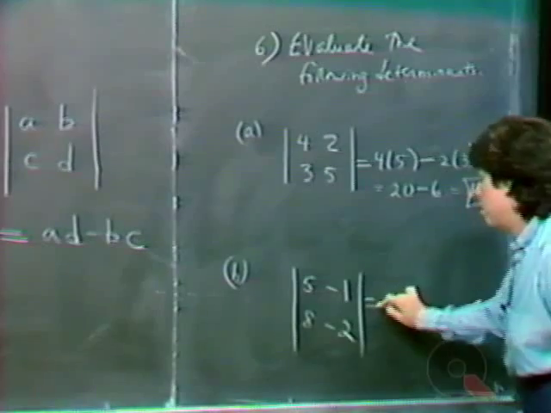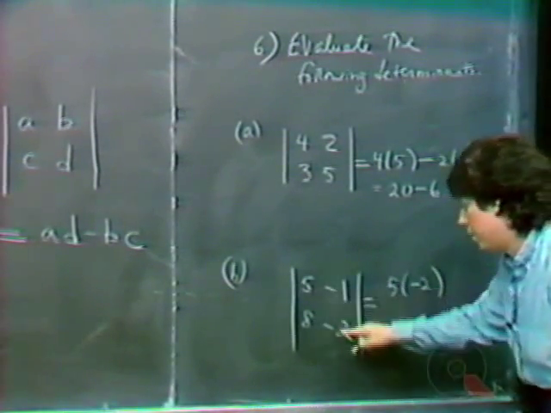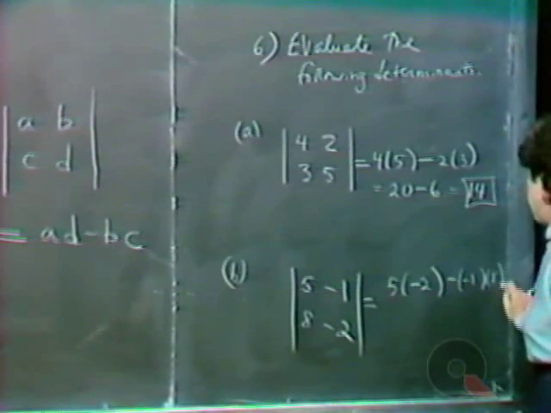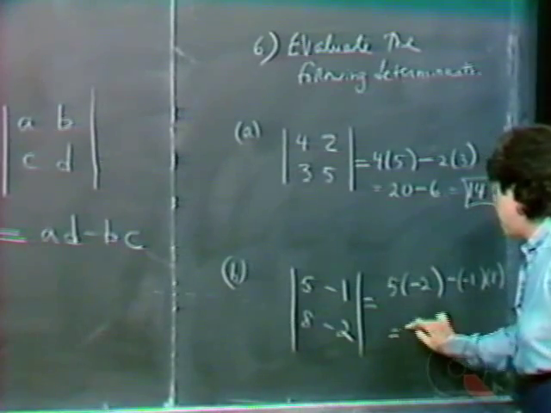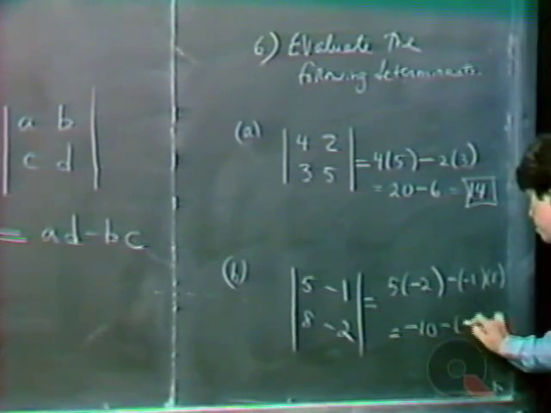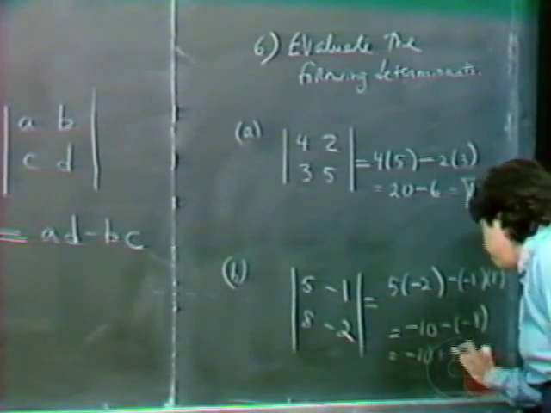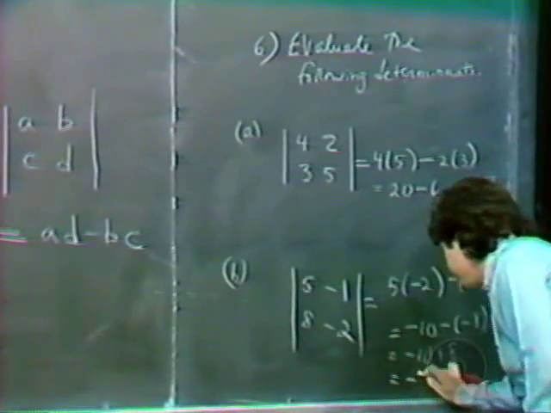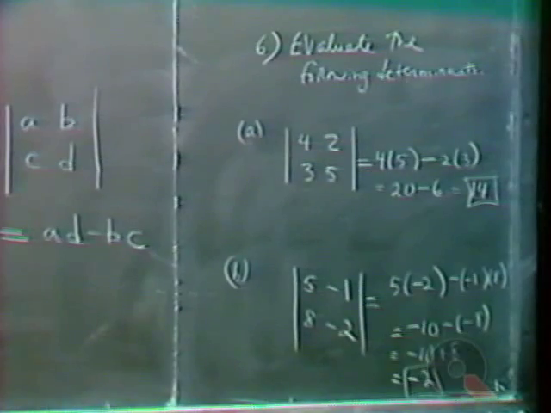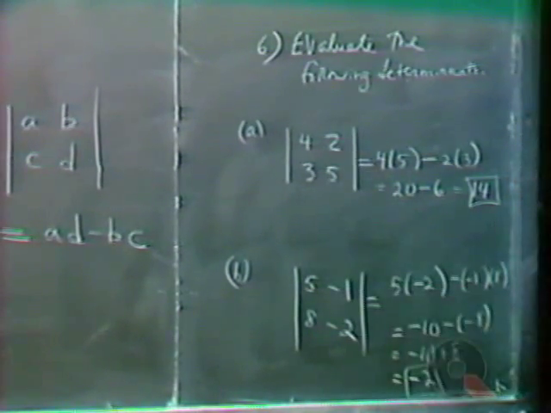And similarly, over here, 5 times minus 2, the product of the elements on the diagonal, minus 1 times 8, minus 10, minus a minus 8. That's minus 10 plus 8, or minus 2. Multiply the numbers on the diagonal and subtract the product of the other 2 numbers.